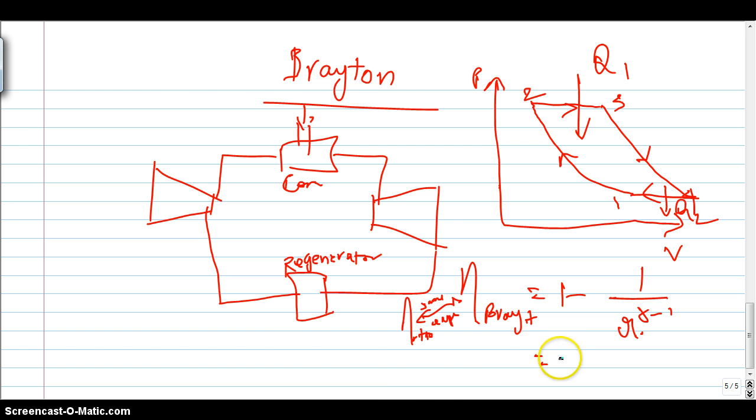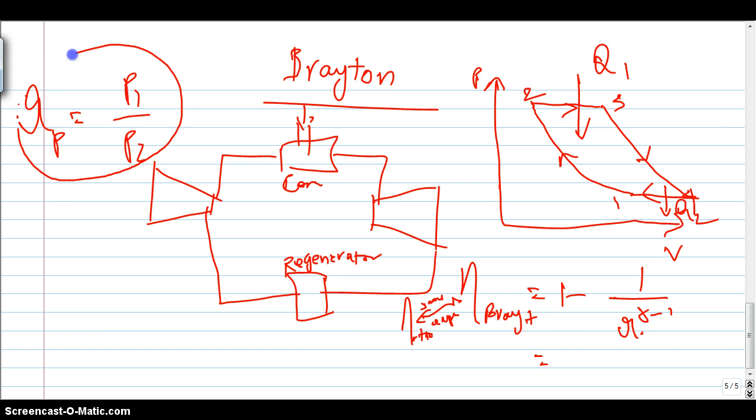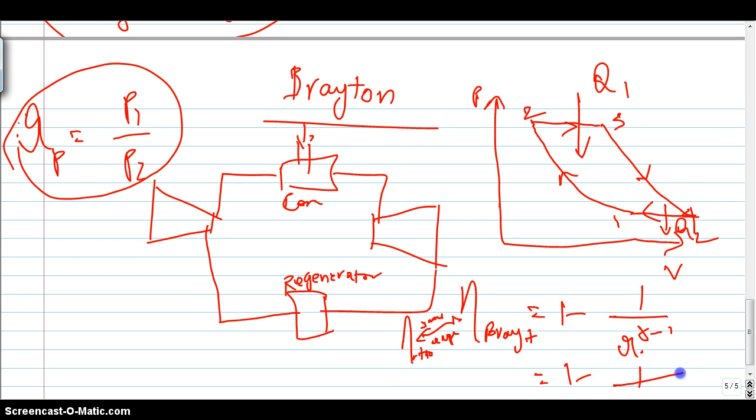So you would have a term called the pressure ratio, which is the highest pressure divided by the lowest pressure. The Brayton cycle will normally be expressed in terms of the pressure ratio, and it would be something like 1 minus 1 over r_p to the power (gamma minus 1) over gamma. I don't remember exactly how it goes, so just check it out.